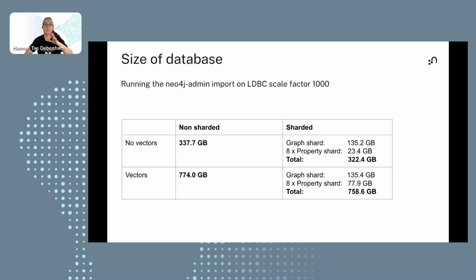This is because we haven't changed anything about the graph structure of the database. We've just added property data, so that just gets added to the property shards. This means that we'd be able to run the database using much smaller and cheaper hardware than the non-sharded vector version. And all of these dumps are still much smaller than even the non-sharded non-vector dump.